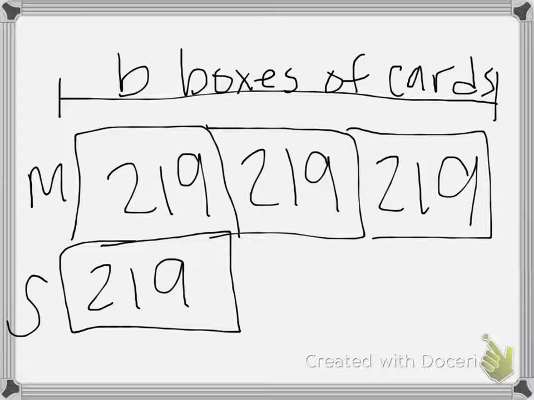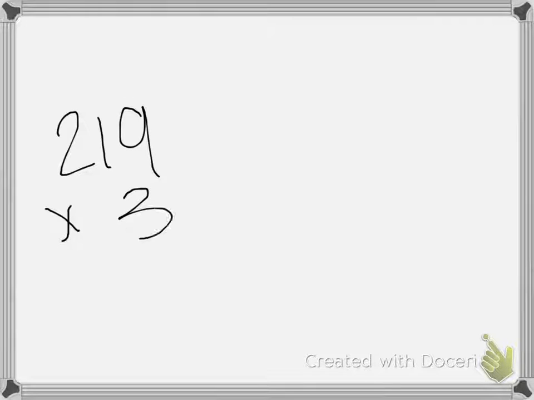So to solve this, once you're done writing that, remember, pause the video if you need to. To solve that, we need to do 219, because that's how many Sharon had, times 3, because Mary had 3 times as many. And this equals B. We don't know what B is, boxes of cards.